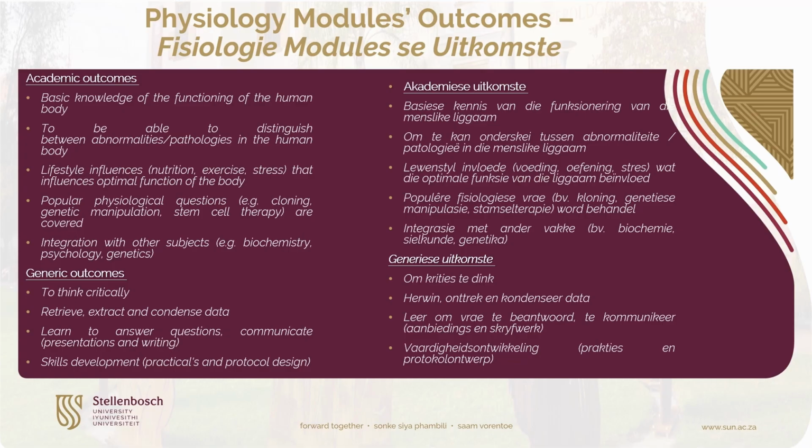Popular physiological questions such as cloning, genetic manipulation, and stem cell therapy are also covered. Integration with other subjects such as biochemistry, psychology and genetics, and newly with the engineering department on bioengineering and innovation.